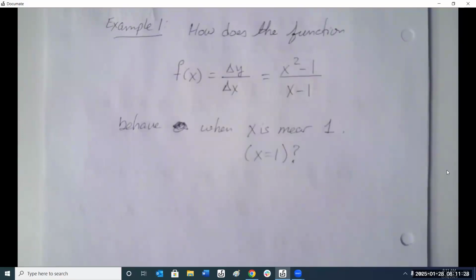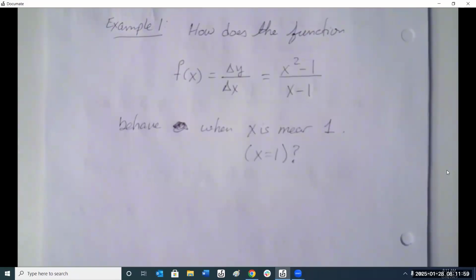This is supposed to be calculus 1. The rest of the class, what? What happens when x equals 1? How did you guys get 1 as an answer?